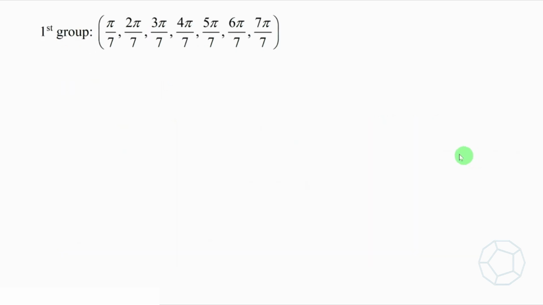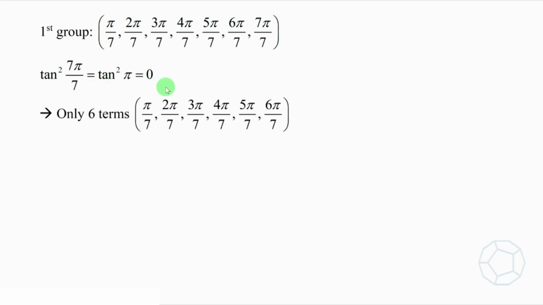Now, let's focus on the first group, pi over 7, 2 pi over 7, up to 7 pi over 7. Because tangent square 7 pi over 7 is equal to tangent square pi, which is 0, we only consider 6 terms from pi over 7 up to 6 pi over 7. Furthermore, because tangent of pi minus theta is equal to negative tangent theta, squaring both sides, the negative sign on the right disappears.